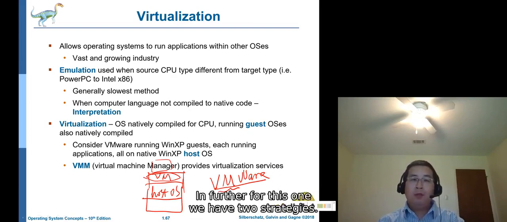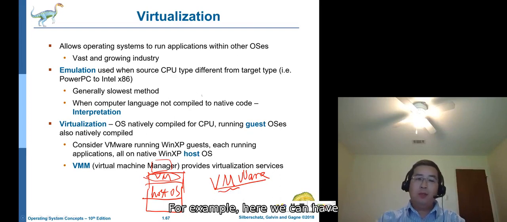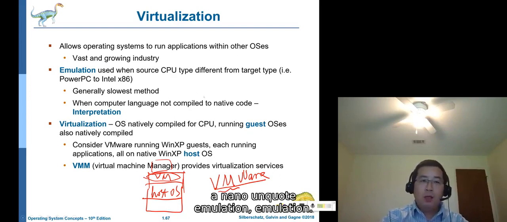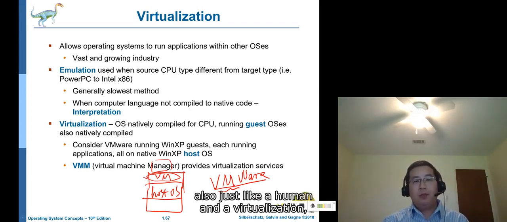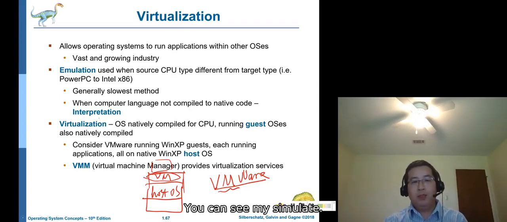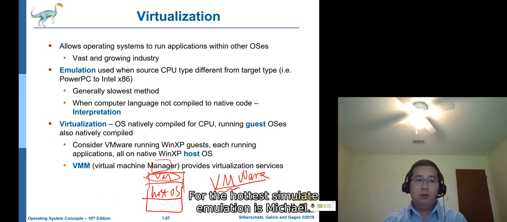In fact, we have two basic strategies. Here we can have another one called emulation. Emulation and virtualization belong to the same idea, simulation, but they have different angles on how to simulate.